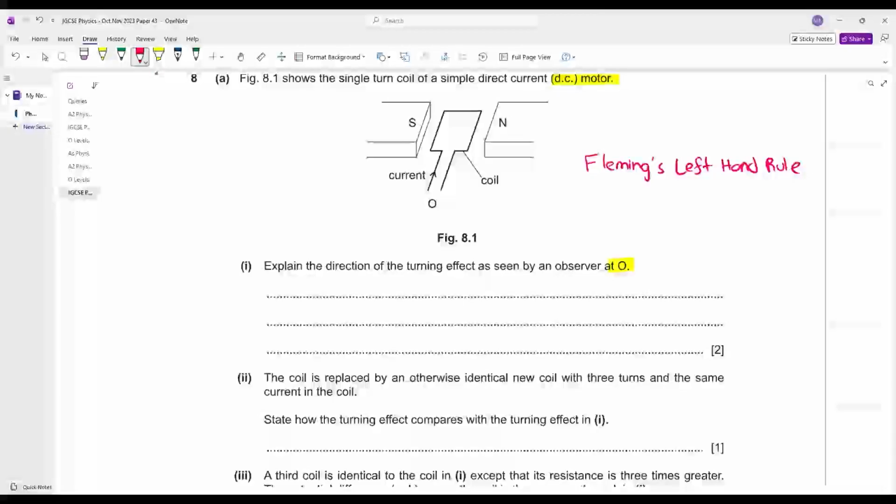Magnetic field points from north to south. The first finger will point from north to south. Your current is going into the page like this. Where will your force point? Your force on the left hand side will be upward like this. Where will your thumb point? Upward like this. Simple.